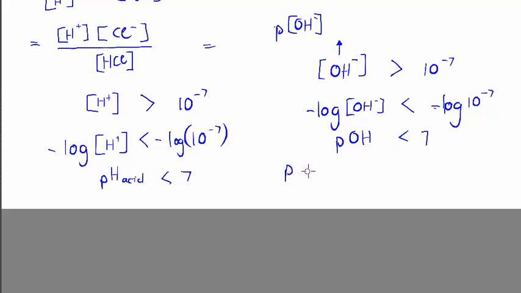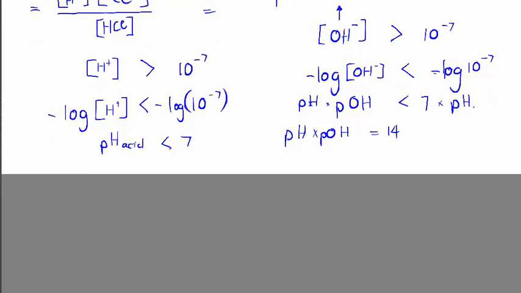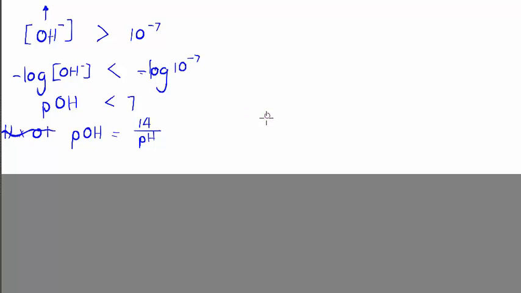I still have to remember the standard: pH plus pOH is equal to 14. So pOH is equal to 14 minus pH.